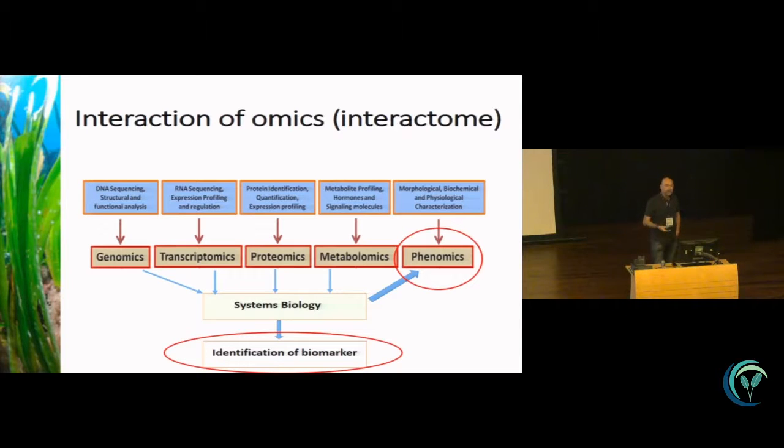How can I use these technologies to tell me about how the plant is functioning at its phenotypic level, and how can I use these new insights to guide my selection of biomarkers as a tool for management? So in the back of my mind, there is a lot of reason why we're selecting these tools. We're not just doing it because they're trendy and fun. And they were expensive, they're getting less expensive these days.